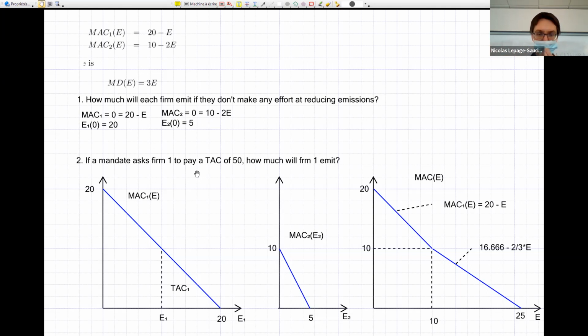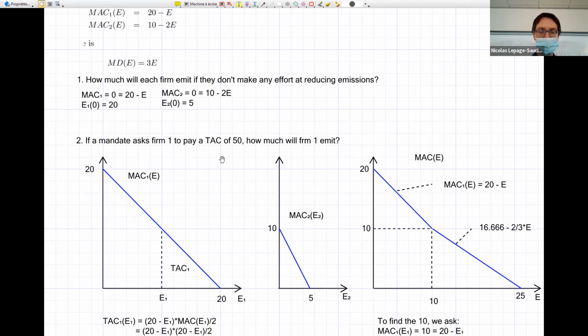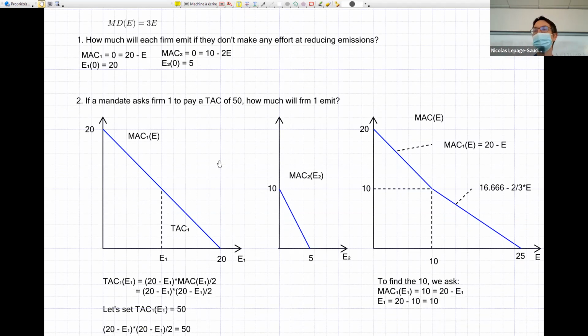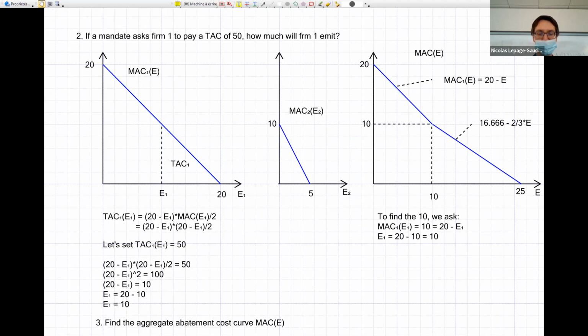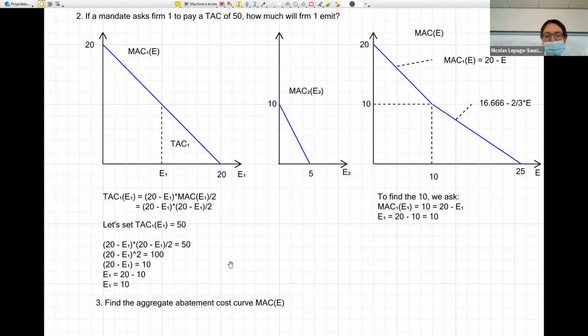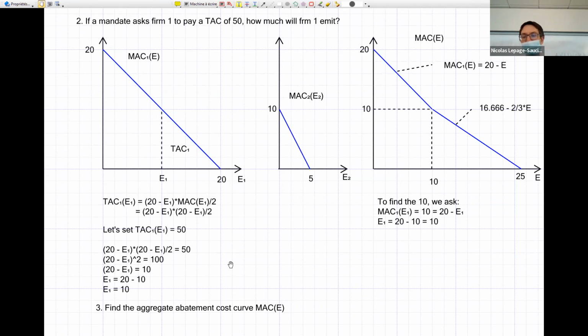This was a neat little question that I asked here that one of you found. I was very happy. The answer was E1 equals 10. We won't go back on that. Then find the aggregate abatement cost curve. This is the challenging one, because what we must do is add up the emissions this way.